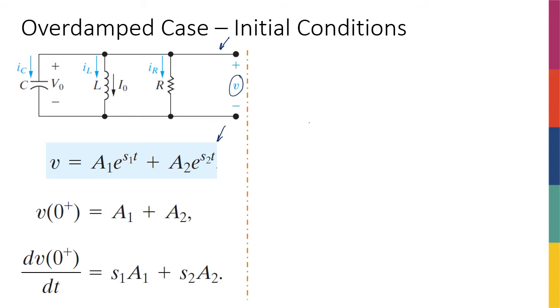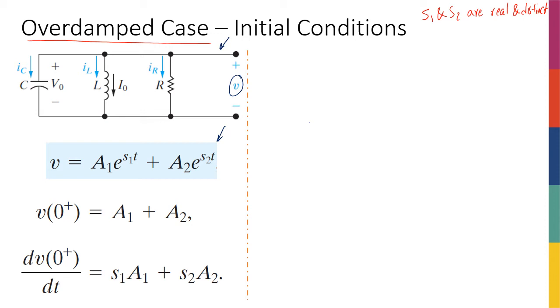Okay, so first I'm going to talk about the overdamped case. This is the case where S1 and S2 are real and distinct values. S1 and S2 are real numbers, positive or negative, with no imaginary part.